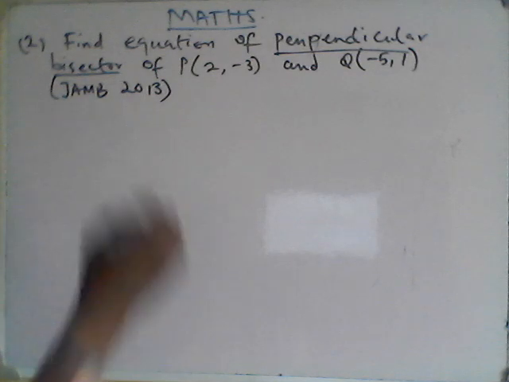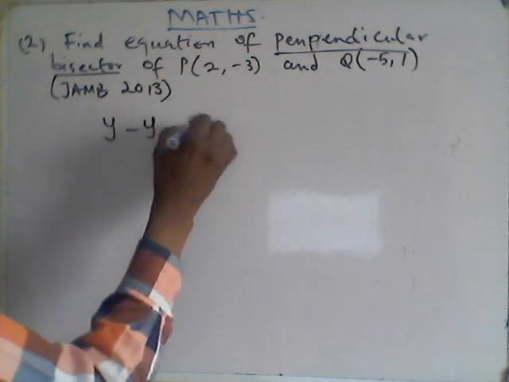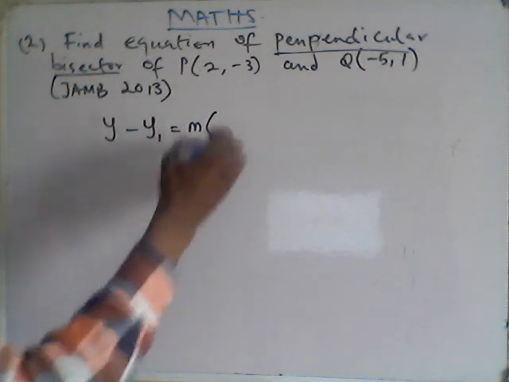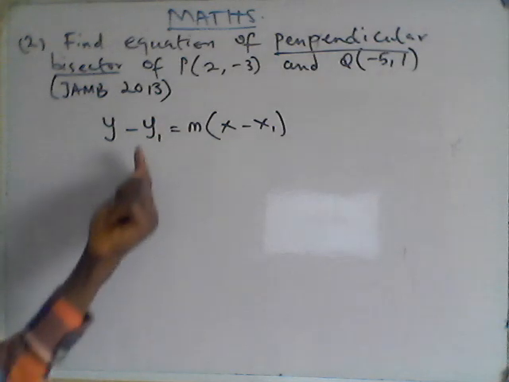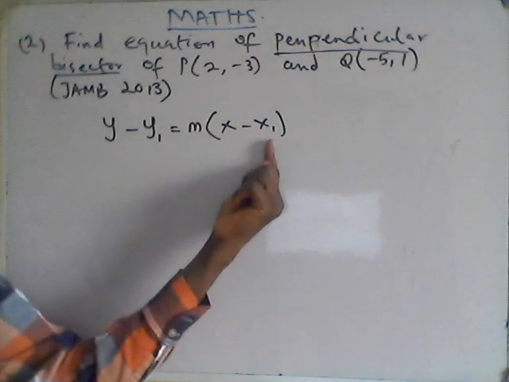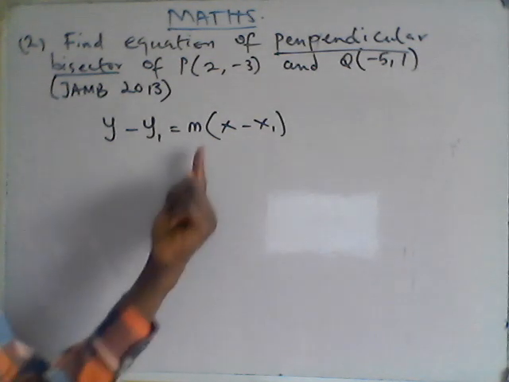This formula is y minus y1 is equals to m, open brackets, x minus x1. Now, this x1 and y1 are the coordinates of the midpoint. So we are going to look for the coordinate of the midpoint. Then m is the slope.